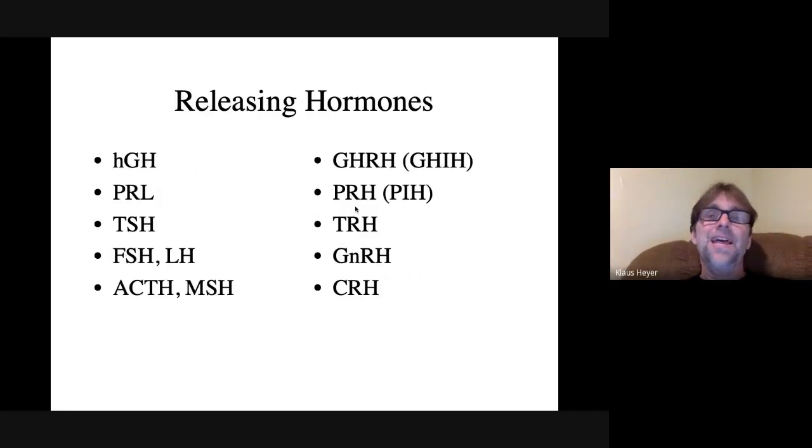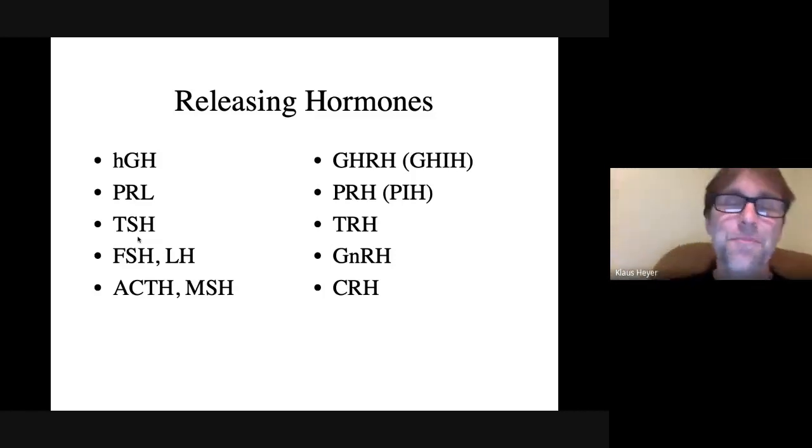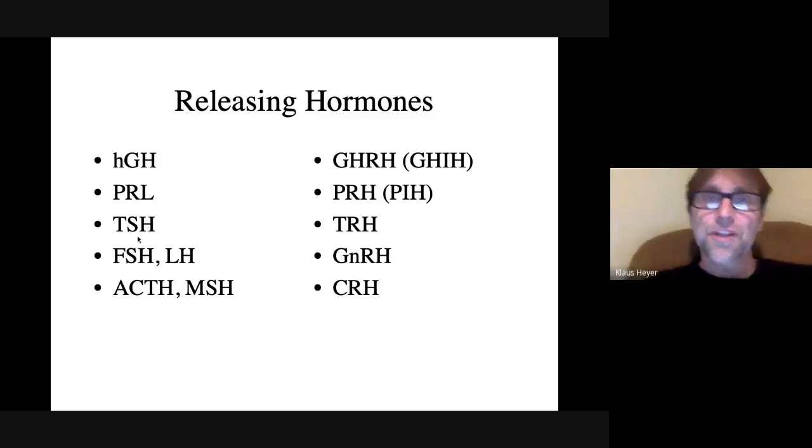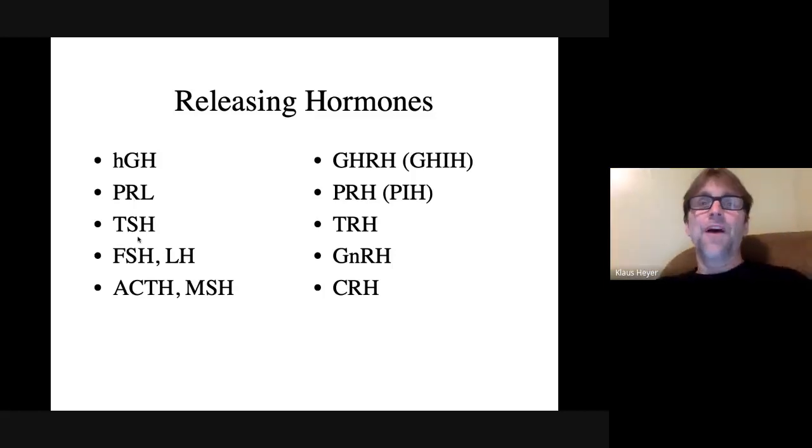Now, to make it harder, these hormones don't get released until the hypothalamus tells it to release them. So the hypothalamus has to say, okay, now you can release human growth hormone. The hypothalamus is controlling the pituitary gland. I know that gets kind of confusing.